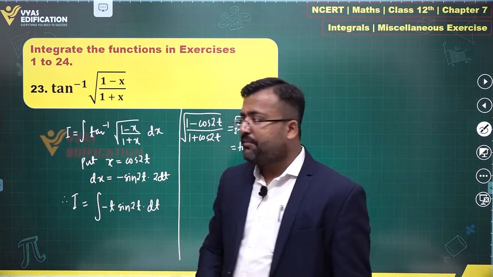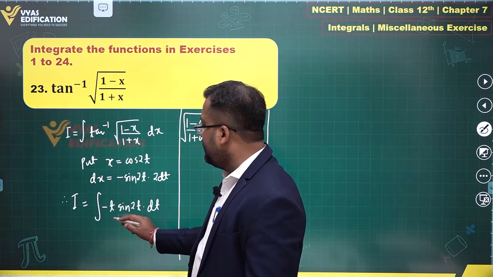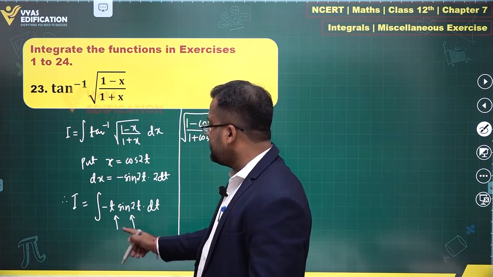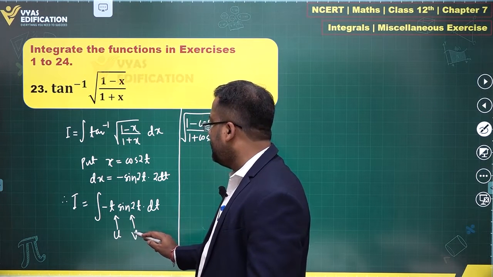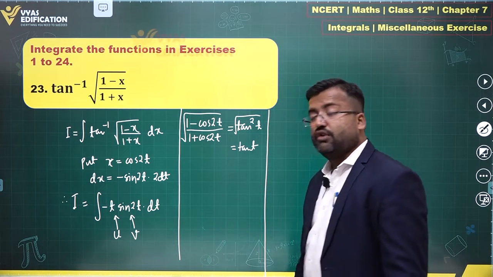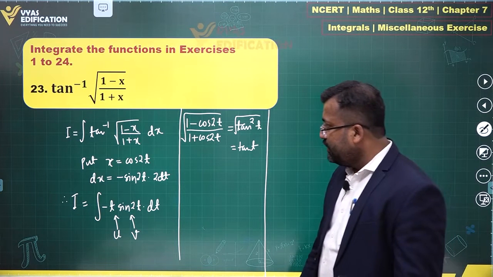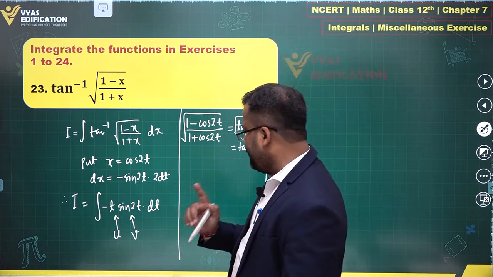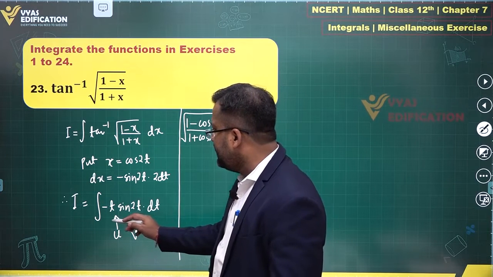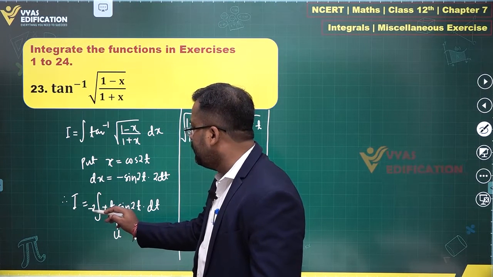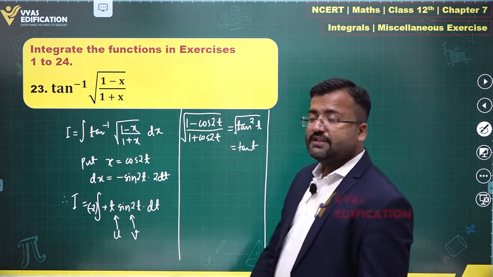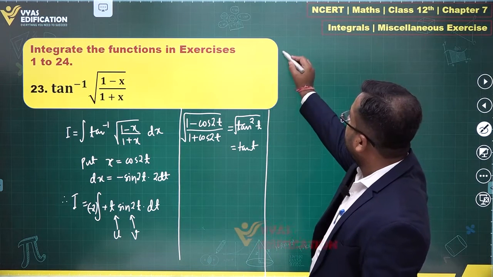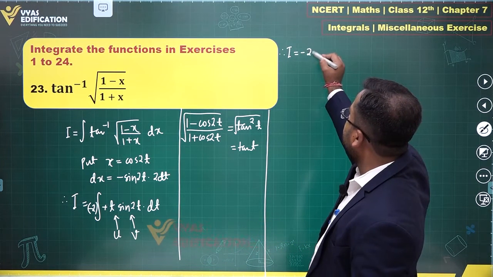And now you can apply by parts on this. Take that minus outside, and then this and this, algebraic and trigonometric, this will be the first function, this will be the second function. That's what you'll have over here. Is there a 2 as well? Yes, there's a 2 as well. Don't forget about that 2. So what you can do is we can take minus 2 outside. Therefore I will be equal to minus 2 outside.